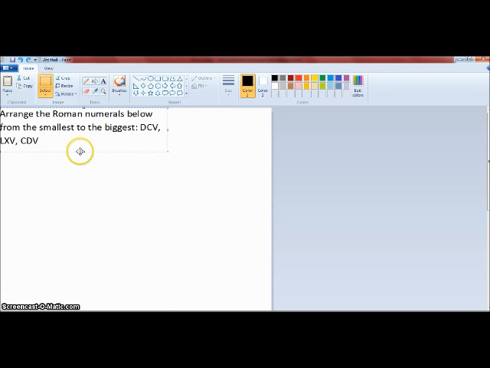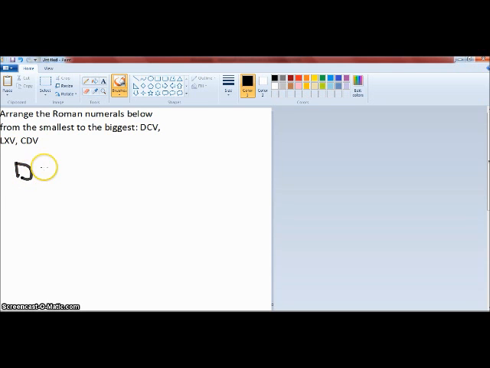the question says arrange the Roman numerals below from the smallest to the biggest. So we have DCV, LXV, CDV. So the first thing is we need to know what values these letters represent. Let's do that quickly. Once we know the values, it will be easy to arrange them in their order.